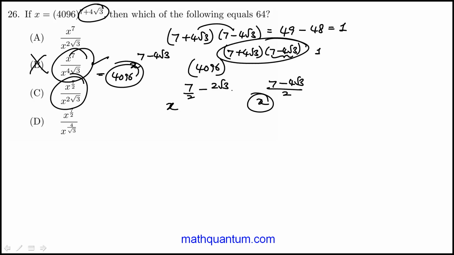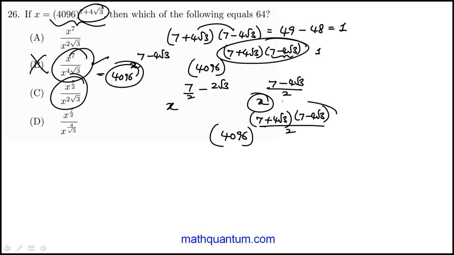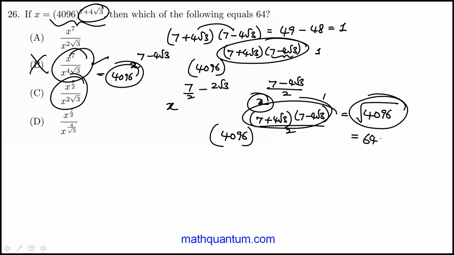So when we replace that x, this becomes 4096 to the power of 7 plus 4 root 3, times 7 minus 4 root 3, over 2. This piece we already know is 1, so we're really just looking to see, is the square root of that equal to 64, which is indeed, if you were to use the calculator or multiply that. And that's how I spotted the answer, which is C.